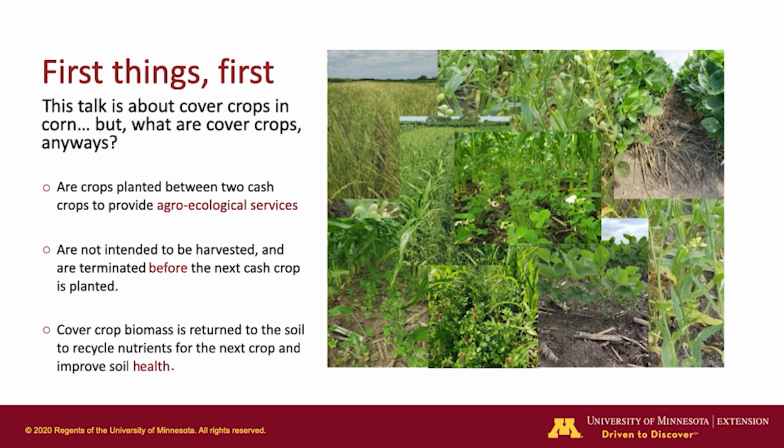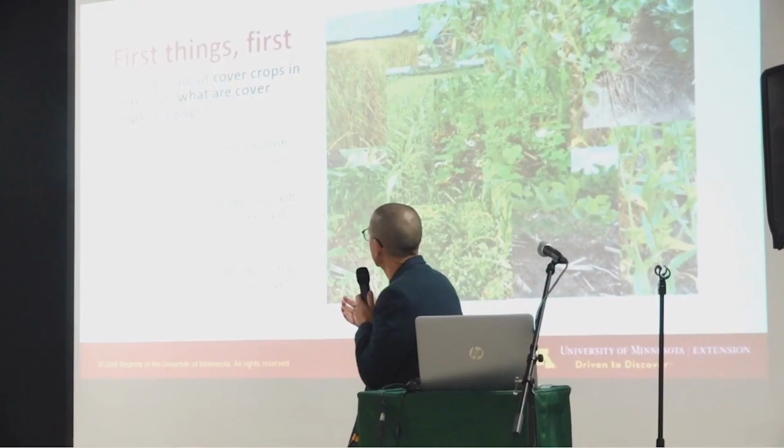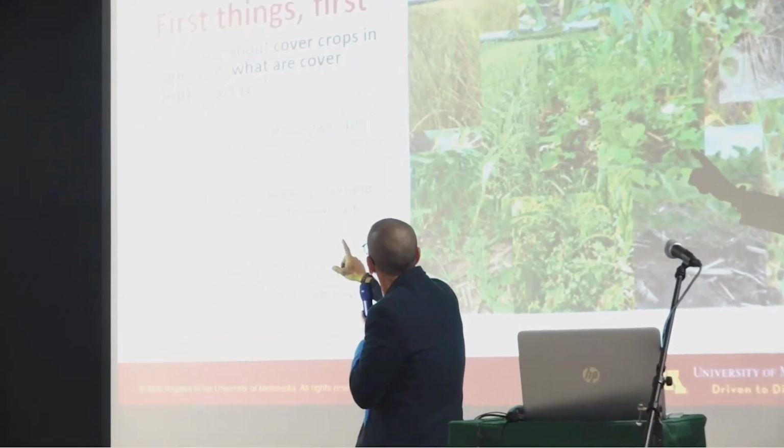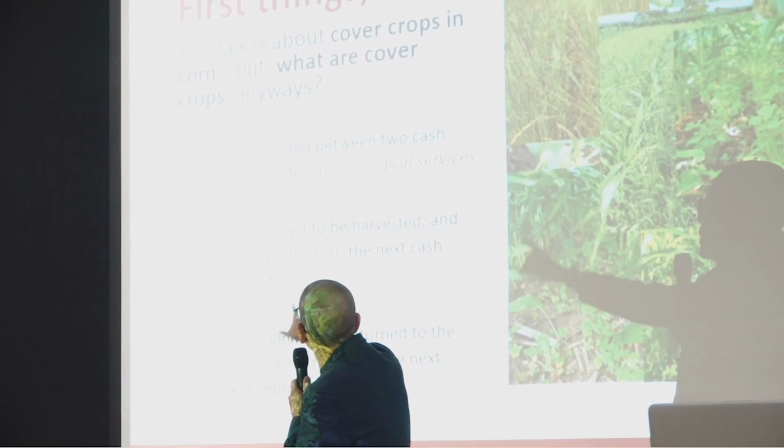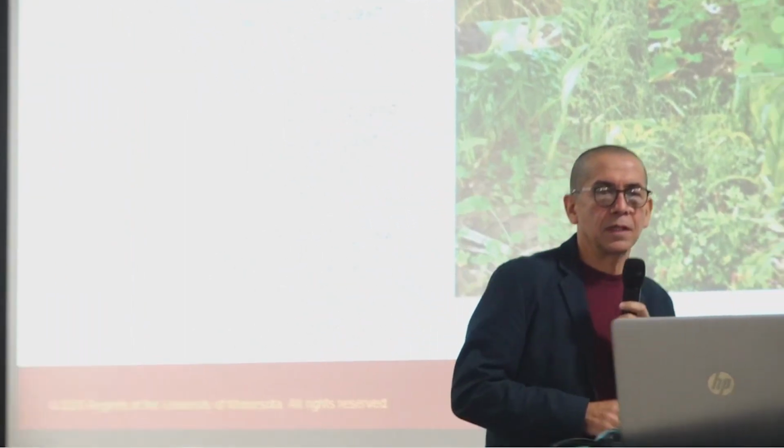Well, a cover crop is basically a crop that we plant between two cash crops, but we do not harvest it. It is meant to provide agroecological services. And you can see there that I put it in red here, the agroecological services. We will talk a little bit about that.